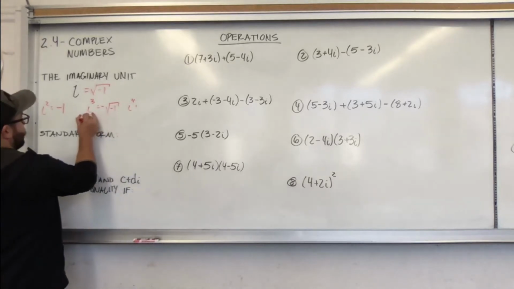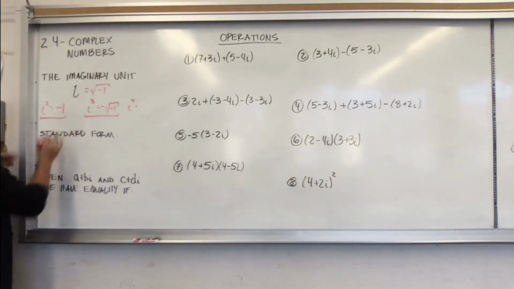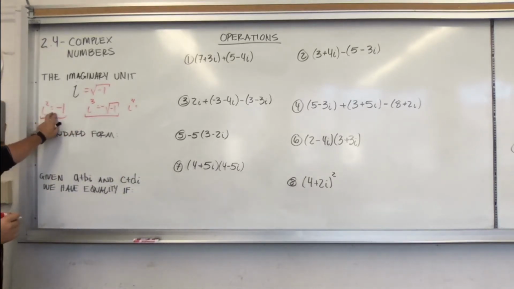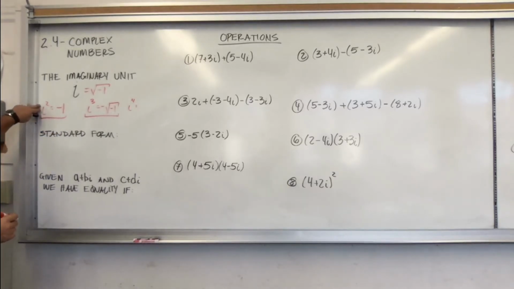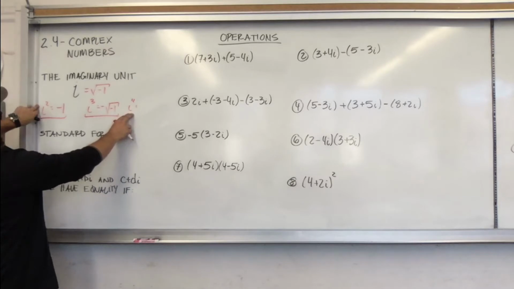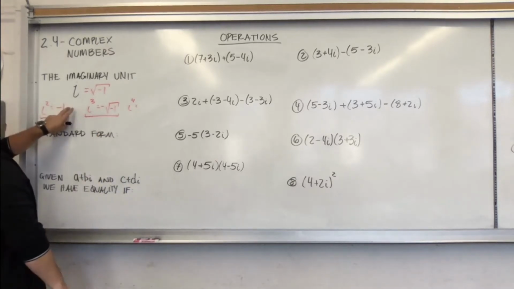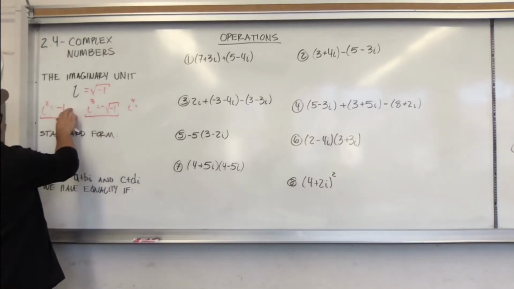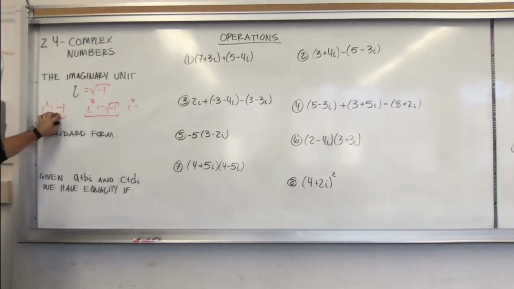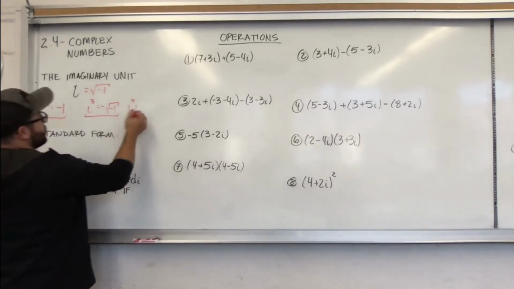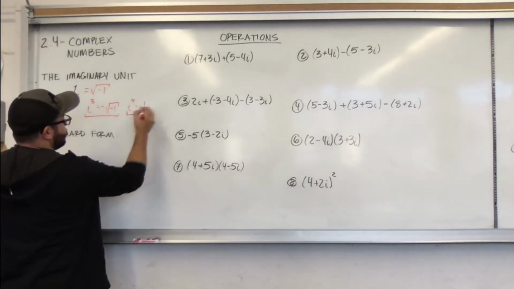And to get i to the fourth, we can look at this i squared that we already had. If we multiply the left and right by i squared, on the left we get i to the fourth. On the right, we get negative i squared, but that's just the negative of -1, thus giving us a +1.